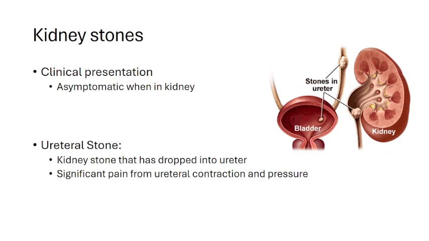They get stuck either at the renal pelvis, at the junction with the ureter, in the mid-ureter, or at the junction between the ureter and the bladder. With the obstruction, the ureter will contract to try to get the urine across, and that contraction causes the sensation of pain and pressure, and that's what brings patients to the clinicians for medical attention.